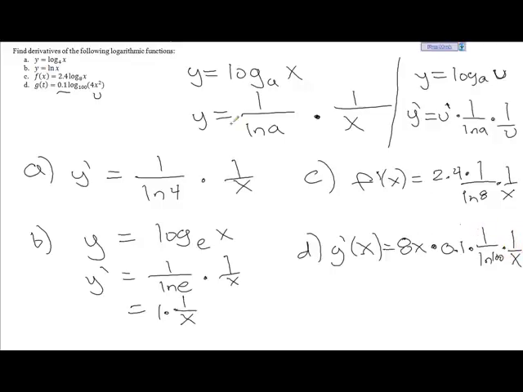So very similar in nature to the exponential function. We have to multiply by the u prime, then the coefficient, then this 1 over the natural log of the base times 1 over x, and that's the whole derivative.